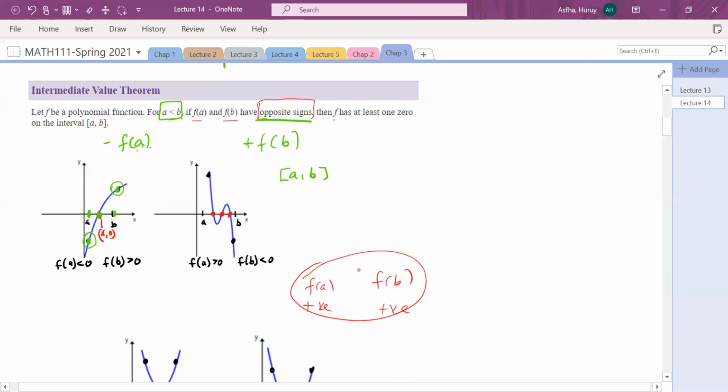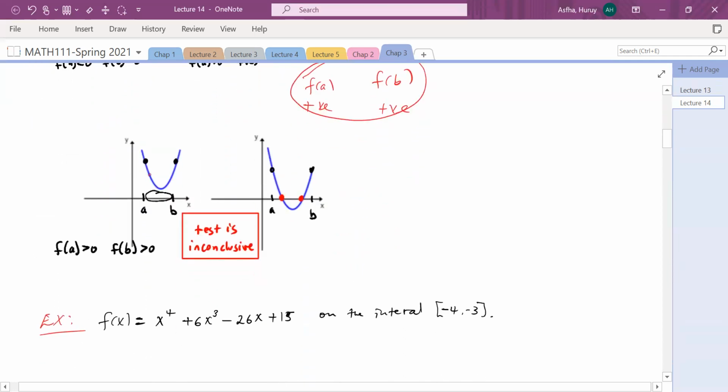A simple example of this is here. We pick a to be less than b, and then f of a and f of b are both right here, which means both of them are positive. And between a and b, the graph doesn't touch the x-axis, and that means the function doesn't have a zero between a and b. So the theorem doesn't work if f of a and f of b are both positive.